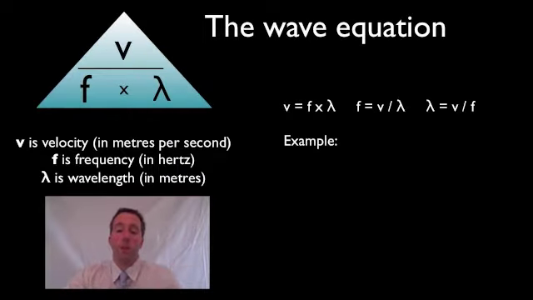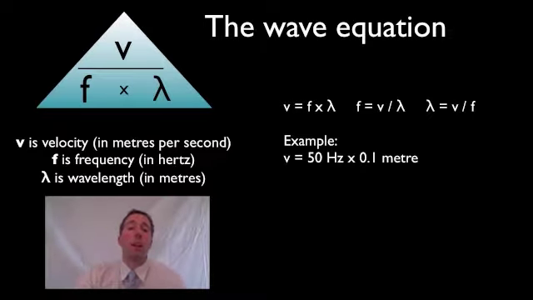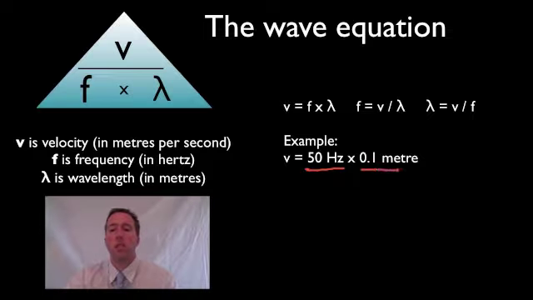An example of that is figuring out velocity. Here I've given the frequency of a wave as 50 hertz, so the wave is occurring 50 times per second. The wavelength of this wave is 10 centimeters, so 0.1 of a meter. We've got to have those units correct.